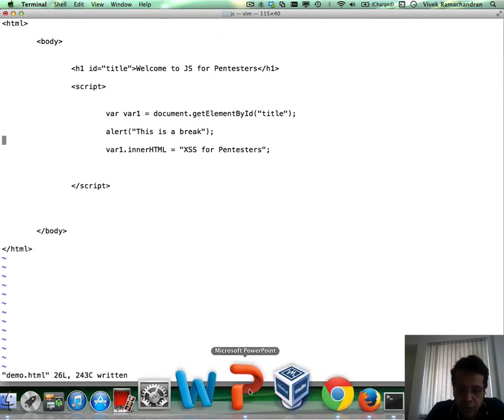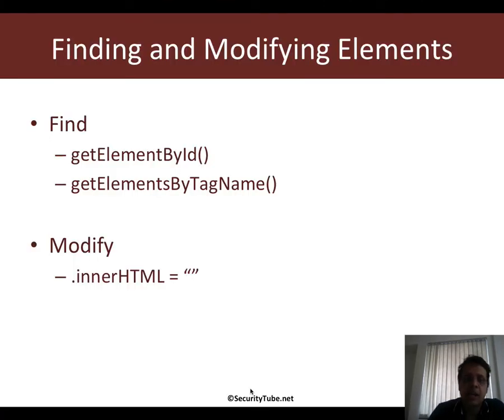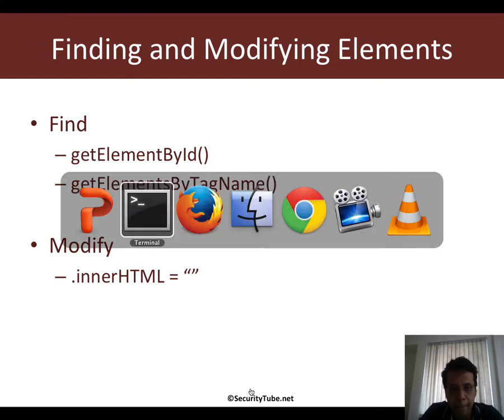Now, apart from using getElementById, there is also another interesting one, which is getElementsByTagName. There's another for class as well, but we'll look at tags for the time being. Now, if you notice, this is getElements because what it returns back is really a collection.